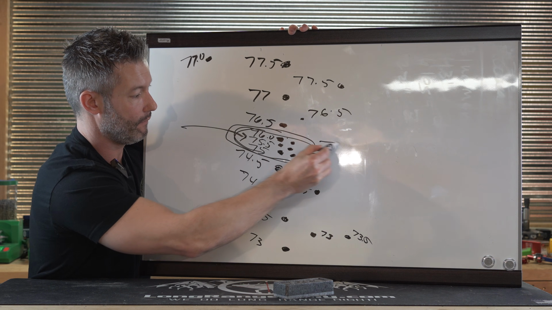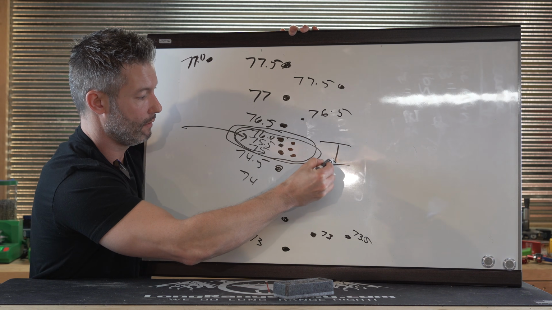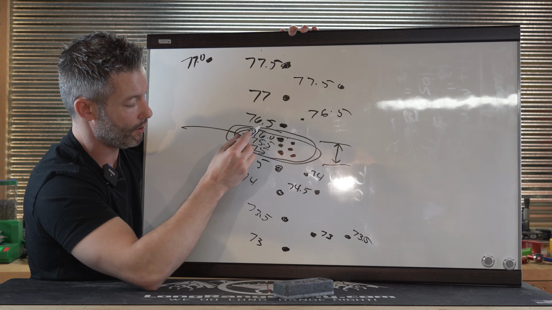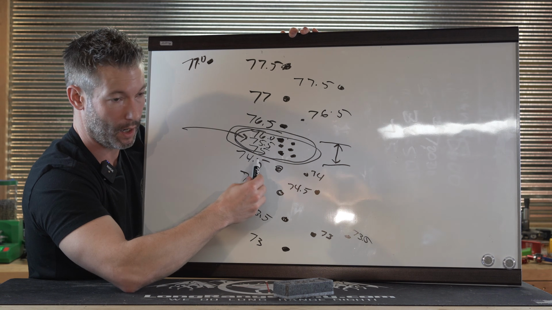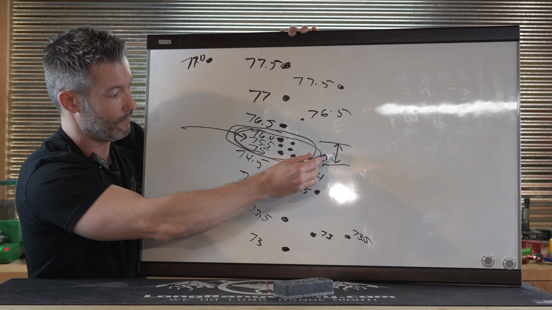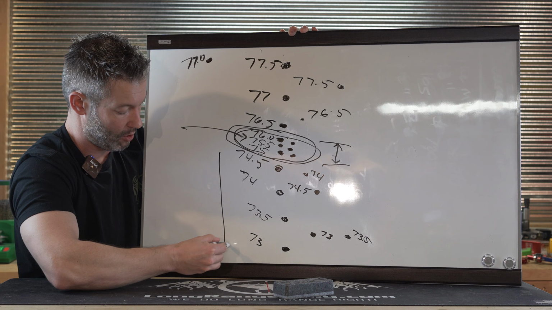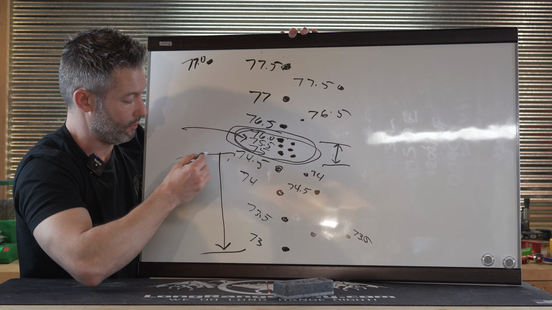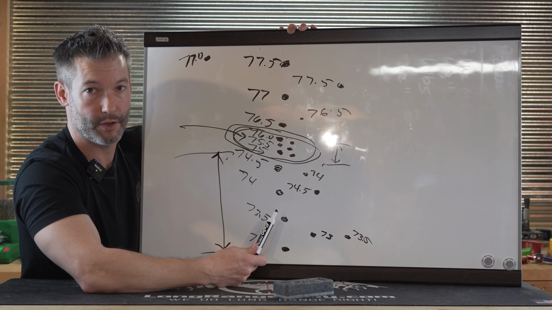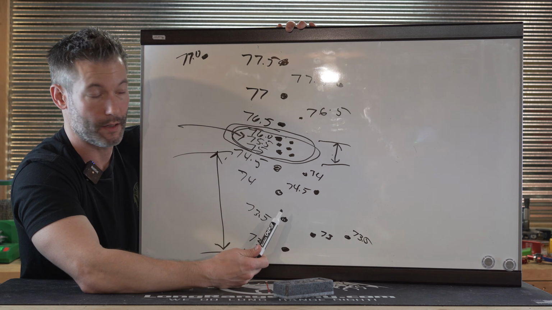So from here to here is obviously over 1 grain. Again, it will not always work out this way. I'm just showing you best case. This vertical is obviously smaller than this vertical. Every single ladder I've shot, this has been the case.